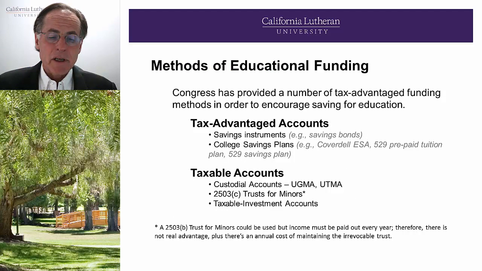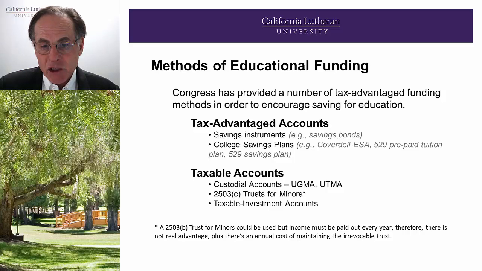As you can see from this list, Congress has provided a number of tax-advantaged funding methods in order to encourage saving for education, including savings bonds, the Coverdell ESA, the 529 prepaid tuition plan, and the 529 savings plan. Additionally, there are various taxable strategies for funding education.